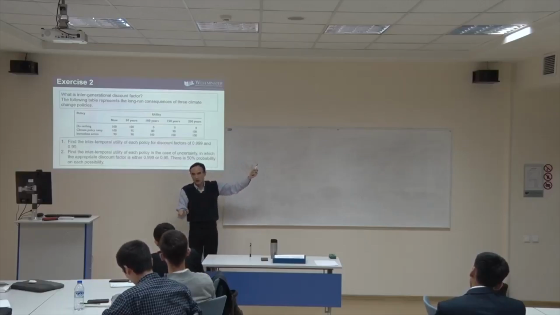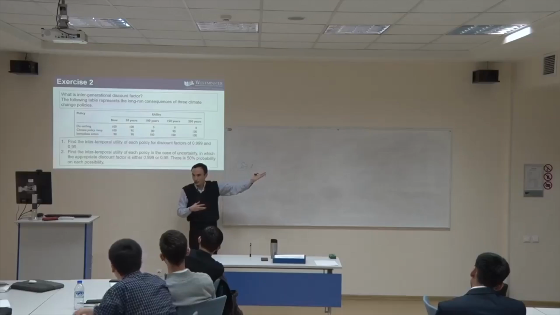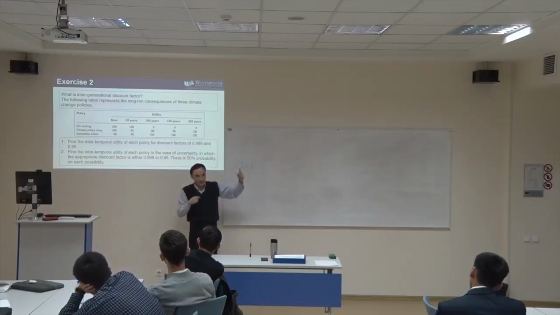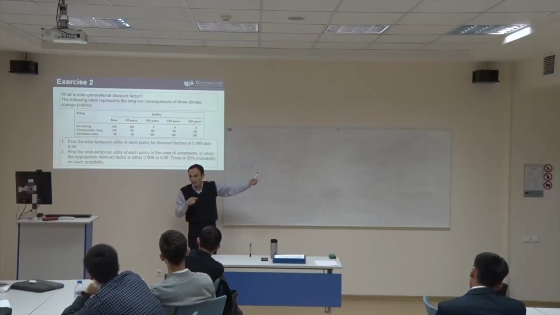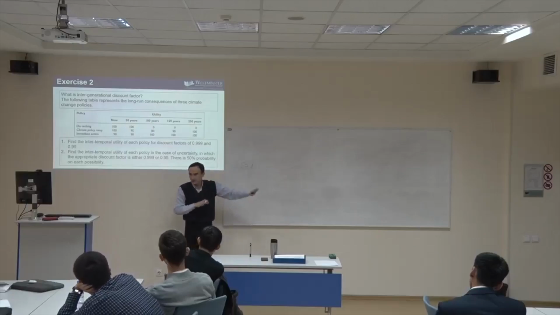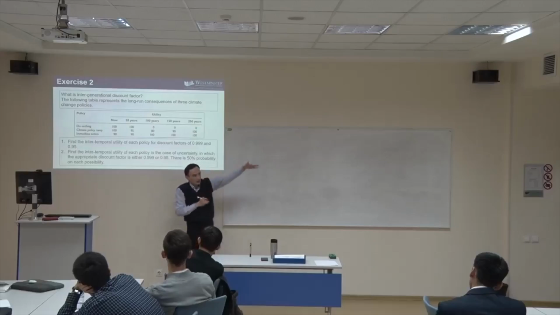Especially in Uzbek culture, parents eat less or consume less just for the sake of their children, for them to eat more and become better people. So parents are sacrificing more now for the sake of their children's future, because they can get higher utility. If it's 1, we see them as the same. But if it's less than 1, then it means that we are discounting our future generations' utility.